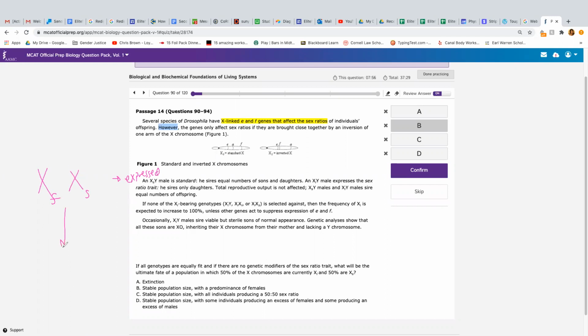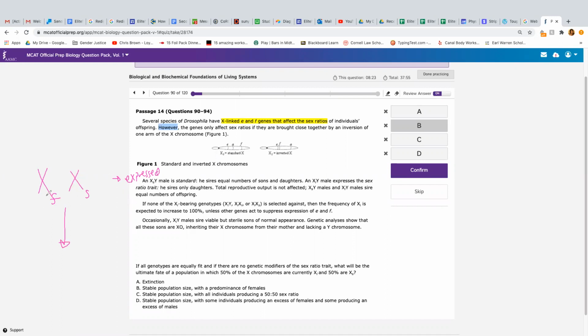Unlike the male, women can pass either one of their X alleles to their offspring. They can pass it to the female, obviously, who's going to end up being XX, one from the mother, one from the father, but they can also pass that X along to the male, who obviously will get their Y from their father and the X from the mother.